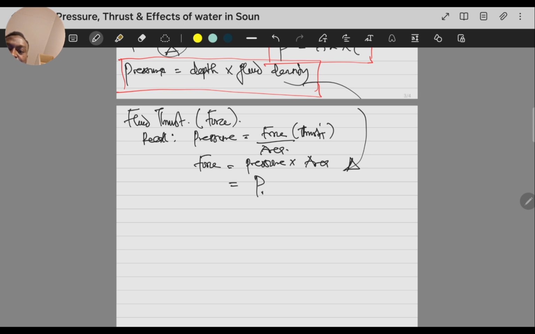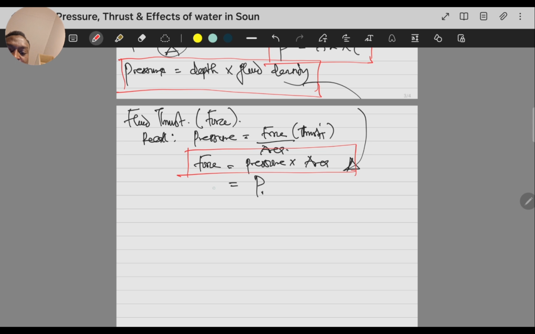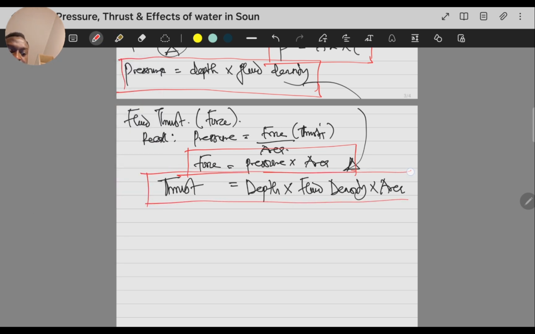That's just it. If we substitute, we could go further and say pressure force, which is the thrust, will now be depth times fluid density times area. So we've been able to establish the two objectives. Okay, so that's that.